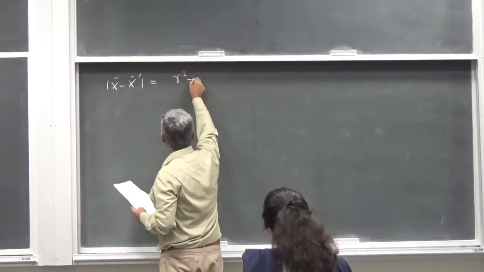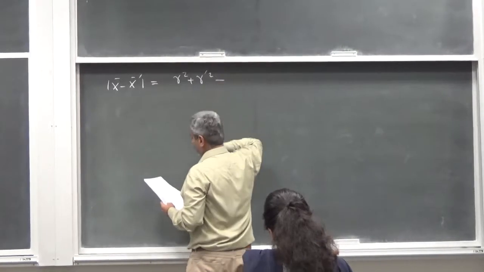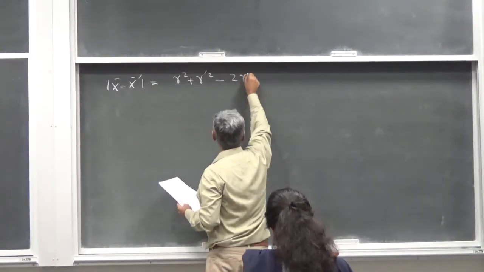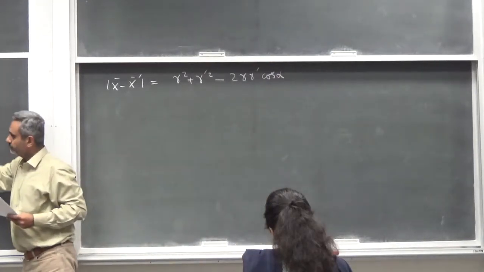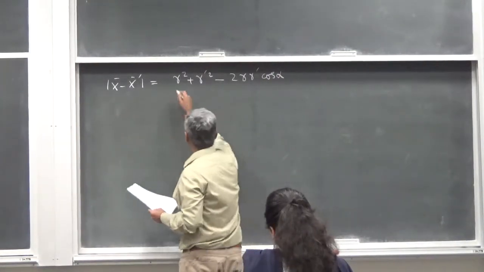So this is the square root of r squared plus r prime squared minus 2 r r prime cosine of alpha, where alpha is this angle.